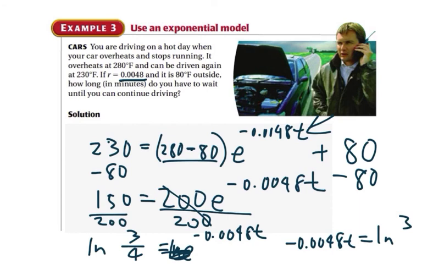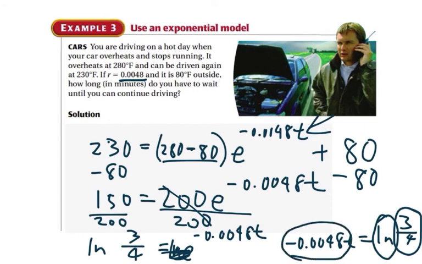So now you can go to the calculator, type 3 over 4, which is 0.75, press the natural log key, and then divide that by negative 0.0048. t would equal about 60 minutes.